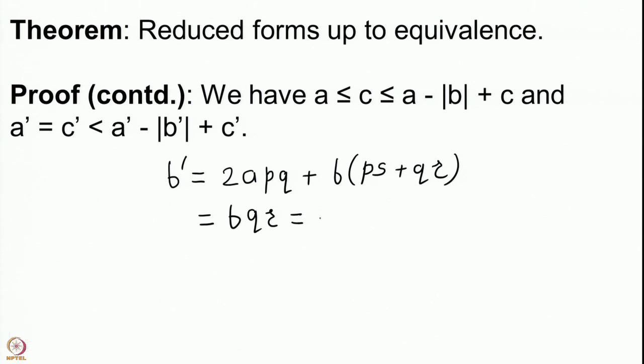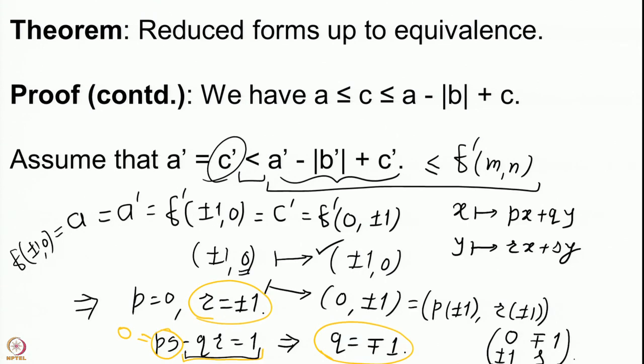So, we get it to be minus b. However, we have that A also has to be equal to C, because we are allowing the transformation which takes plus minus 1 comma 0 to 0 comma plus minus 1.